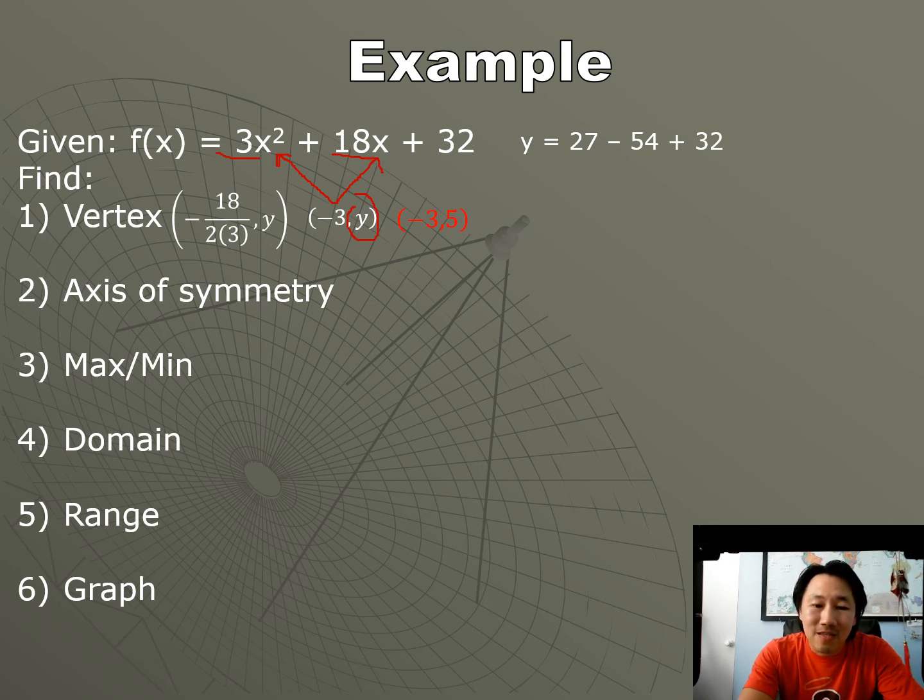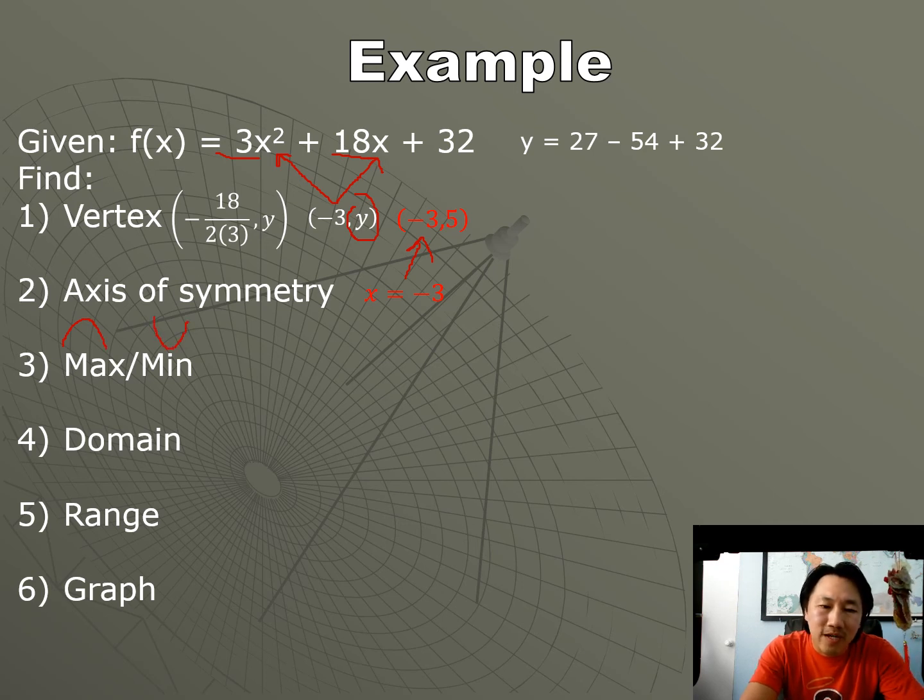Remember, the axis of symmetry is always that line that cuts your parabola right down the middle, and it's always x equals, because vertical lines are always x equals, and then whatever the x value is. So in this case, x equals negative 3. To know if it's maximum or minimum, remember a maximum parabola looks like that, a minimum parabola looks like that.